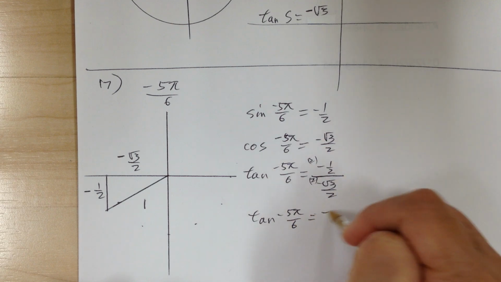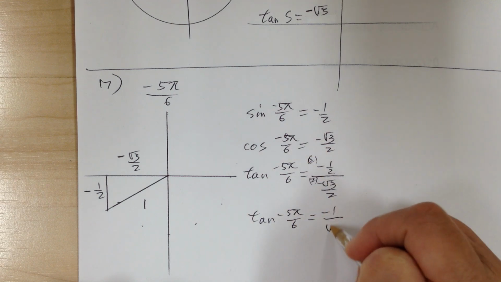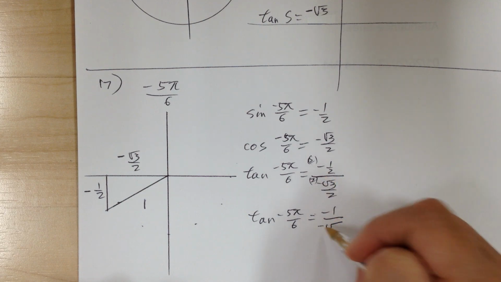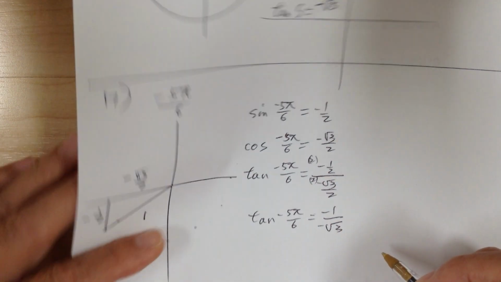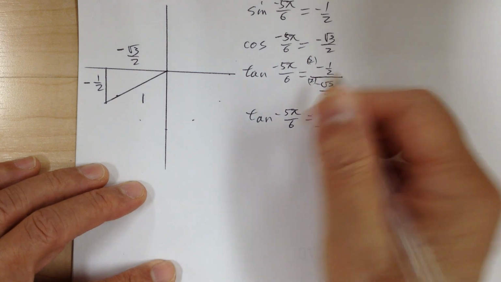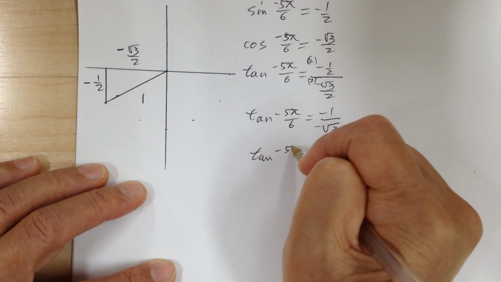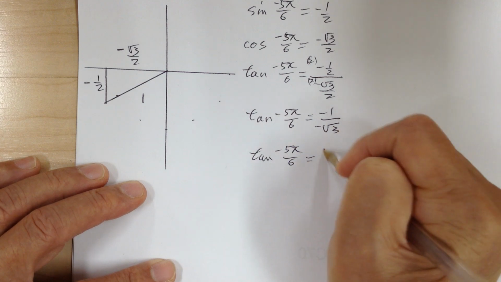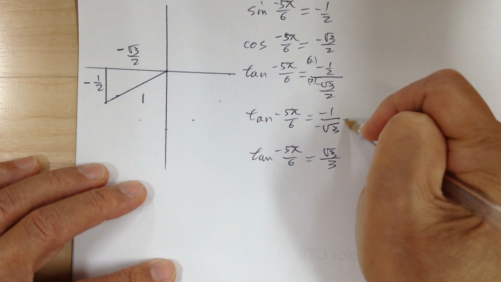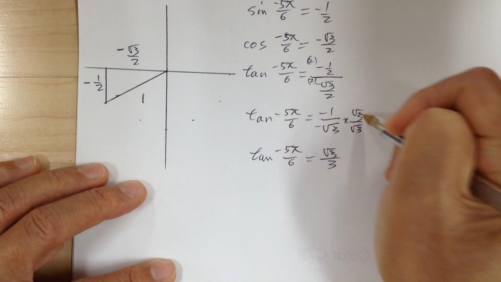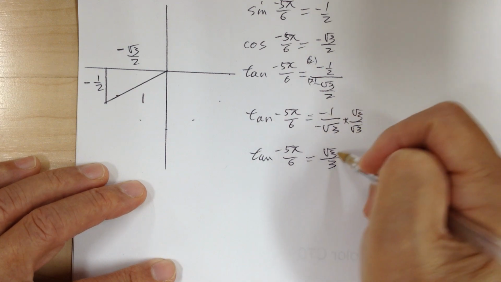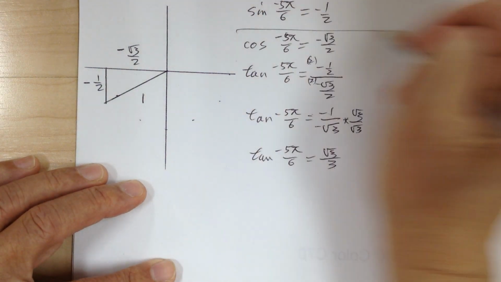So you're going to end up with negative 1 over negative square root of 3. And again, you simplify. Notice the 2 negatives cancel out, so equal to square root of 3 over 3. You multiply by square root of 3, square root of 3, and this will become 3, and that is that.